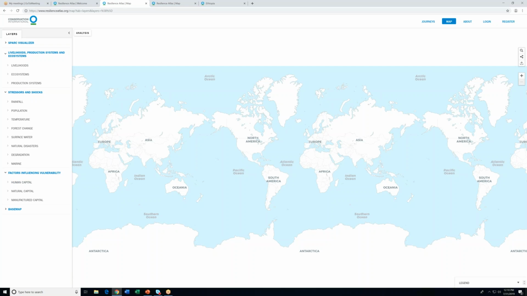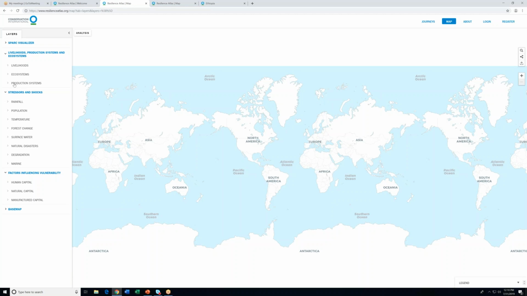So the way that we've guided users in the journeys section of our website is having somebody look at maybe a geography or a theme that they're interested in, and looking at what type of exposure of the system there is in an area of interest to certain stressors and shocks.